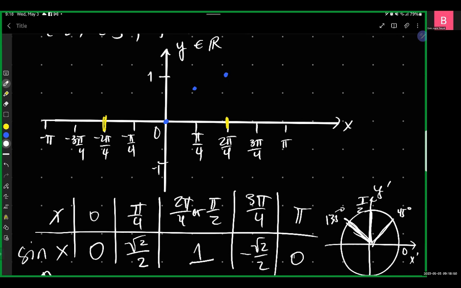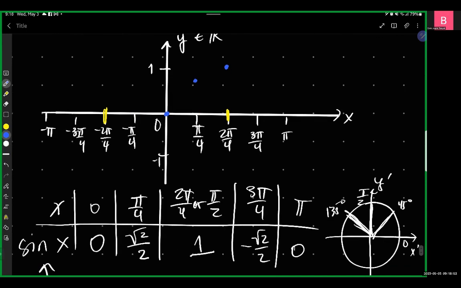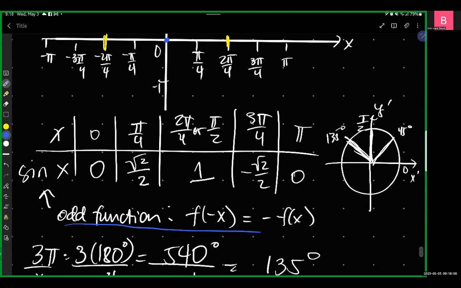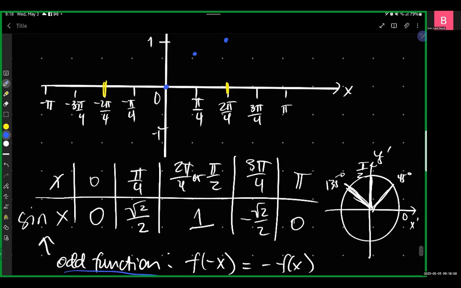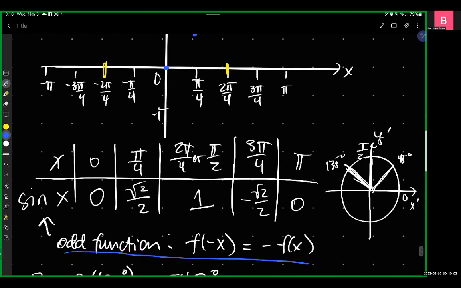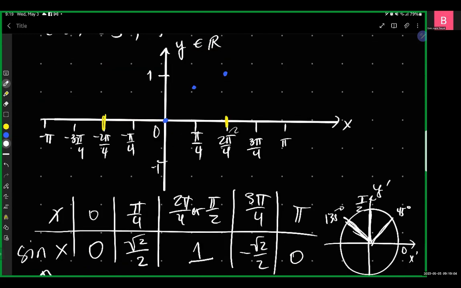Now for the left side of the function, we use the same argument: it's just the negative. For any value on the right side, you take the negative. So this is the positive x, this must be the negative x. This is the region where you're plotting the values.